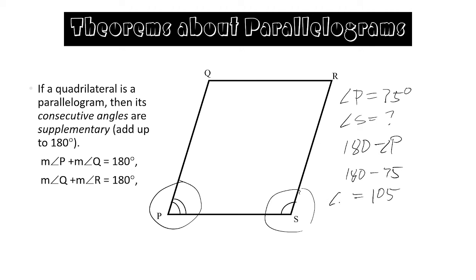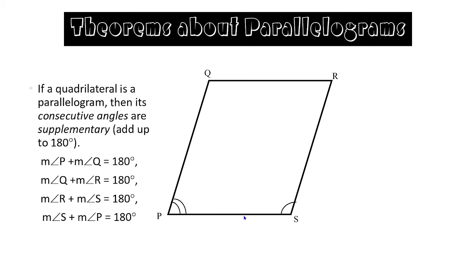That's the value of angle S. And the other two: measure of angle R plus measure of angle S is 180 also, and measure of angle S added to measure of angle P is equal to 180.